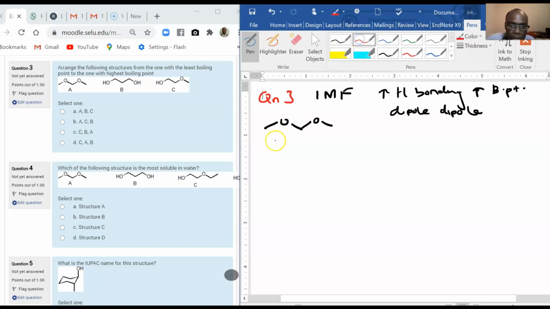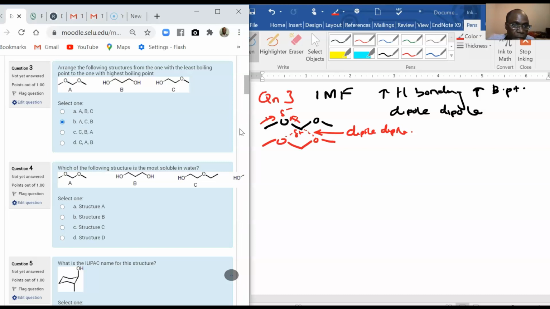So if I bring two molecules of these together, all I'm going to get is dipole-dipole, because the oxygen is partially negative, which means the carbons are partially positive. So you'll expect some attraction here, and that's dipole-dipole. So A is the one with the least boiling point, and then followed by C, because there's only one OH, followed by B.